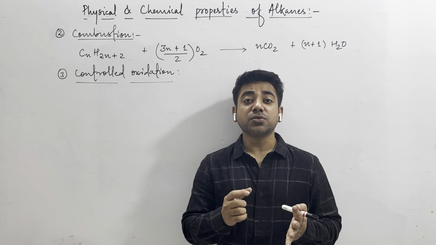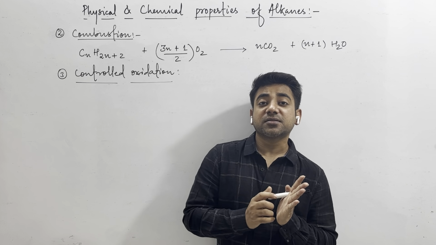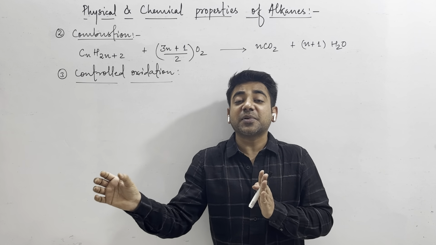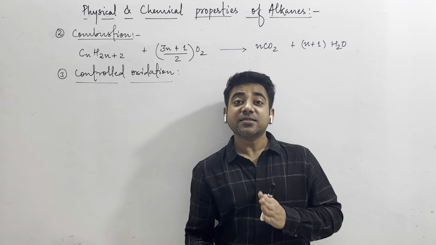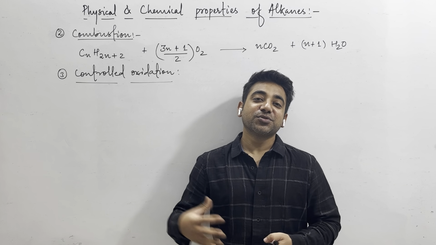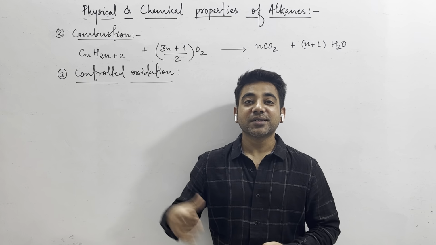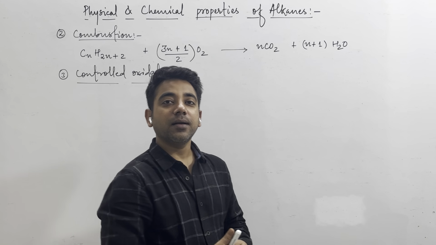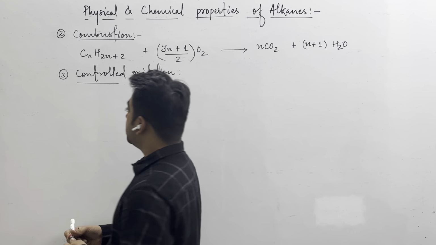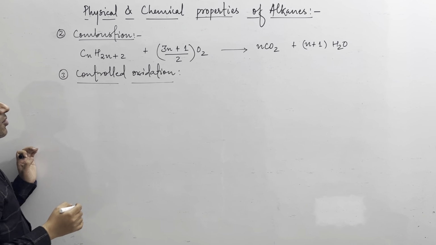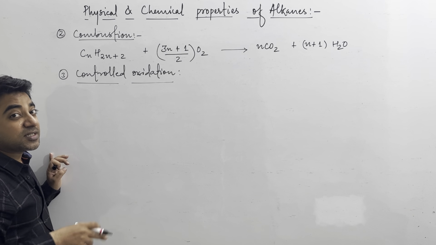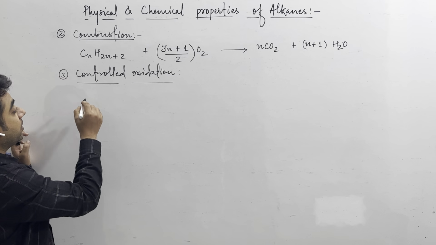A catalyst used with a particular substrate and reagent gives some specific product, and when the catalyst changes, the product formed also changes. So I will be talking about this controlled oxidation, and now let us see all possibilities.